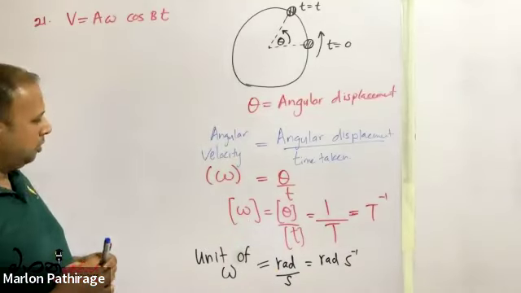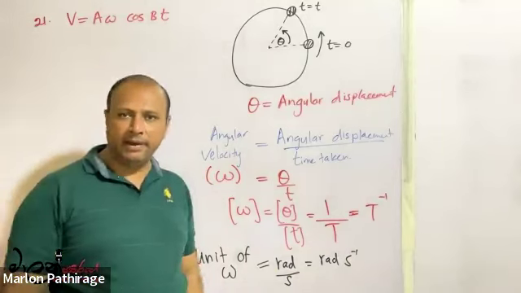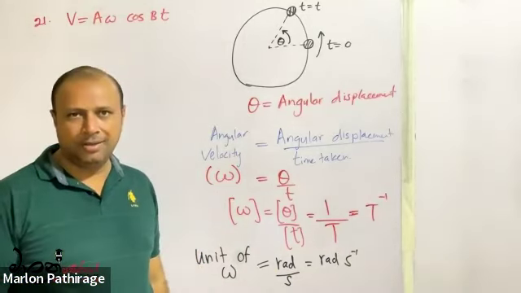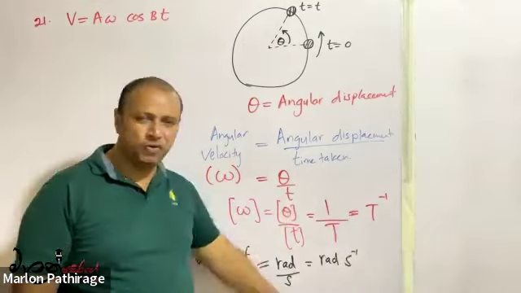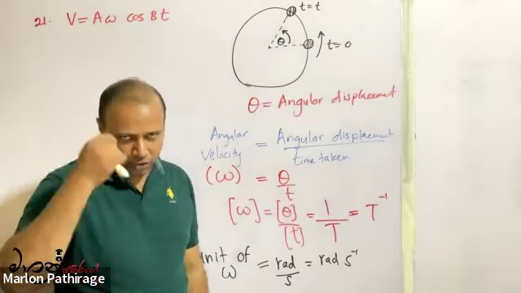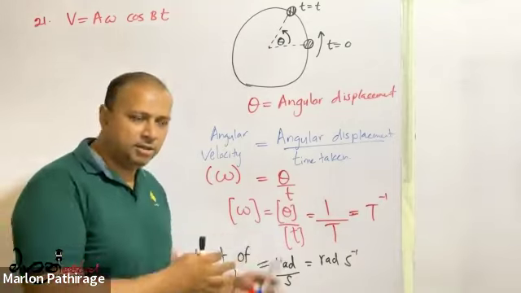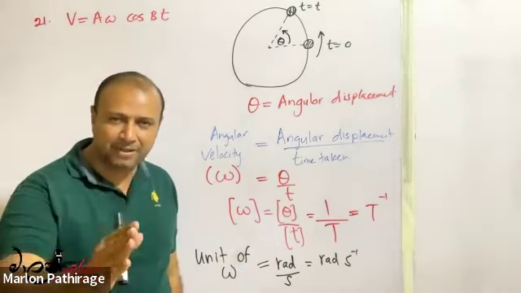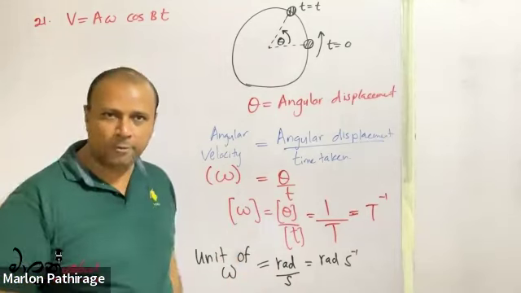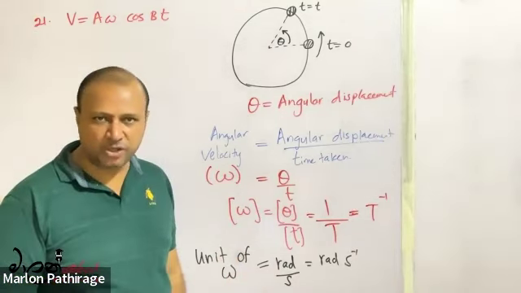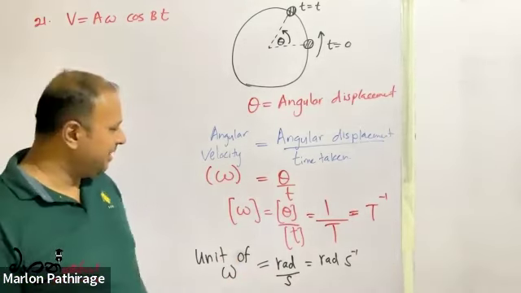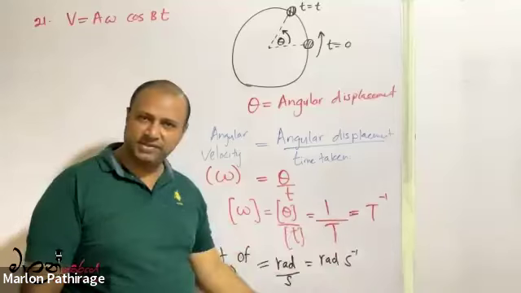Therefore, you cannot write the unit using the dimensions only. You have to remember there are some physical quantities, they do not have dimensions, but sometimes they have units, especially angles. Angles only, dimensions නැති units තියෙනවා.